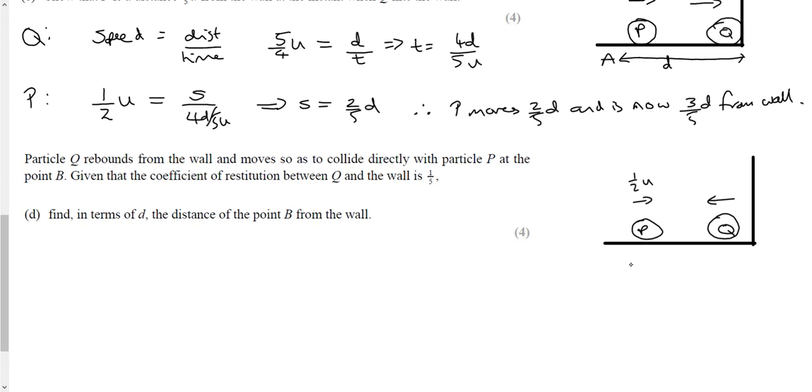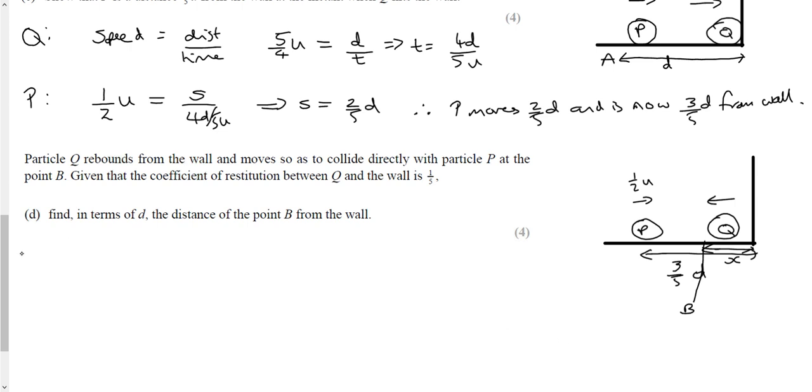When it started, P was 3/5 d from the wall, and what we want to know is where they collide. So I'm going to say the distance from the wall where they collide is x, and this is when we get to point B, which is where they collide.